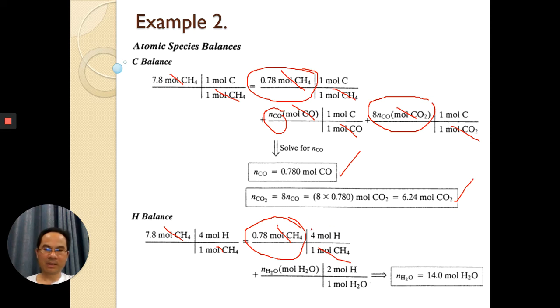So you get mole hydrogen. The second term is in water. 1 mole of water includes 2 mole hydrogen, and mole of water output is NH2O. For this case, NH2O is the only unknown. You can solve for NH2O, it's 14 mole water output.